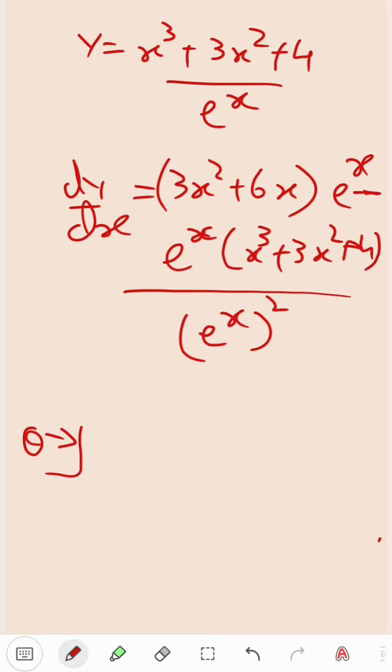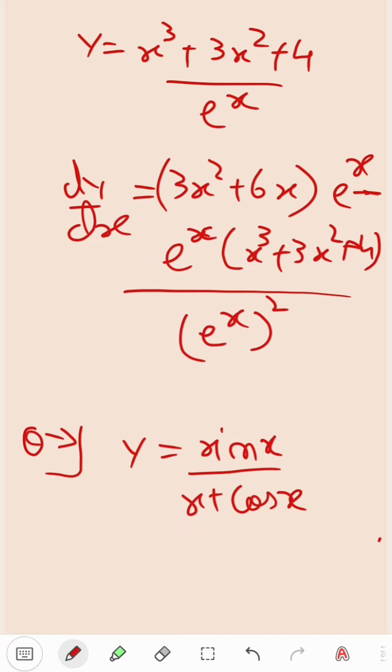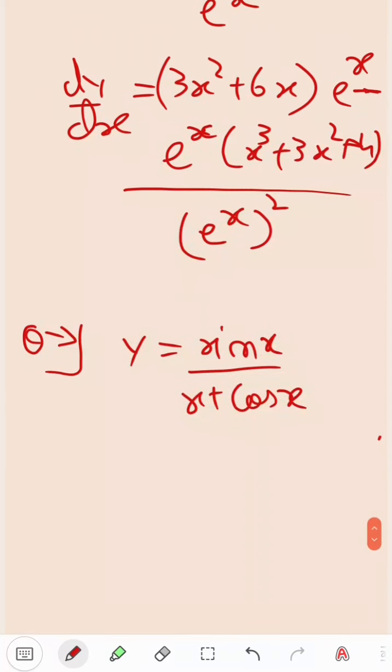Let's say we are given the function y equal to sin x by (x plus cos x). Let me check whether it would be derivable with the quotient rule or not, okay. So wait for a while. Okay, we can derive this easily by the product rule, the division rule of differentiation.